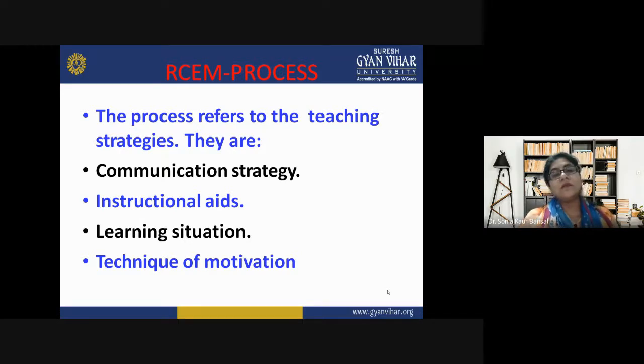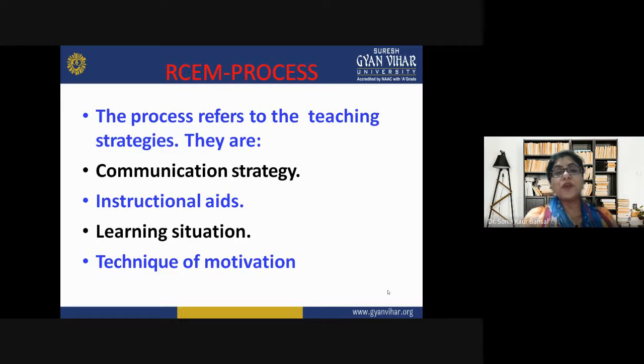Then the RCEM approach is talking about another strategy that is related to instructional aids. How you are using the teaching aids, how you are using the books, the facilities, while teaching the English language. So it is all dependent on this process also. The learning situation, how you create the situation in the classroom so that the students are learning more, whatever the topic you are teaching in your classroom.